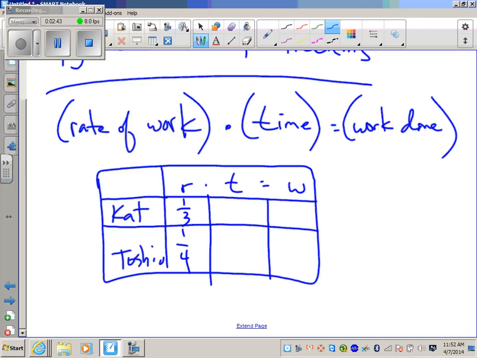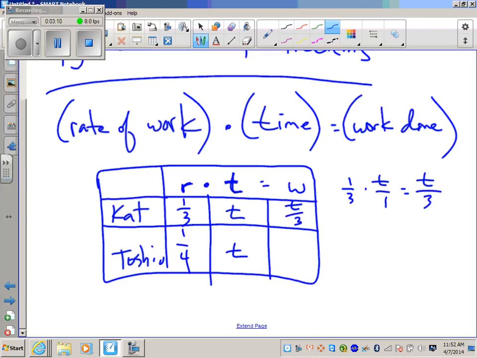Okay? We don't know necessarily how long, but if I'm plugging these into this equation, 1/3 times T, I'm going to multiply fractions, I put in fraction form, equals T over 3.